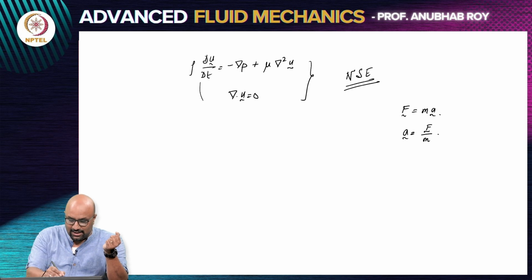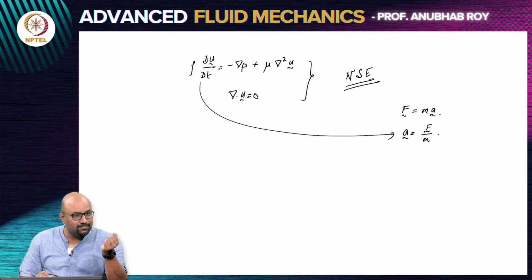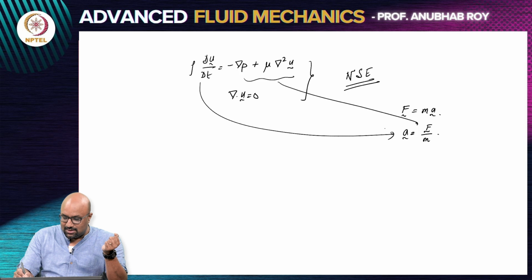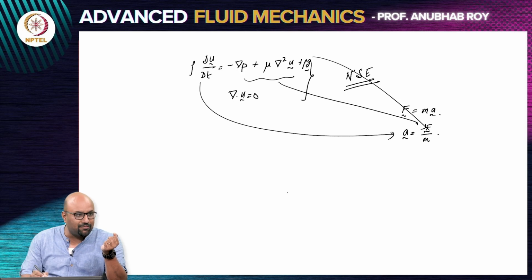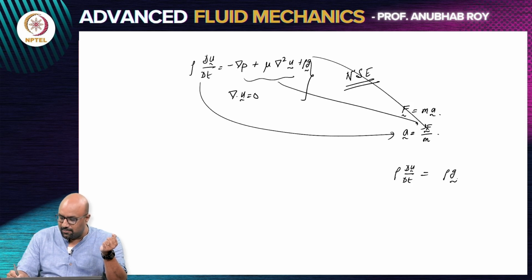Now, you can see that the left hand side is your acceleration or density times acceleration. The problem arises with this, I mean, I can have a body force, in which case that is okay. If I have a body force, then body force is precisely in that form. So, if I write rho du dt is equal to rho g, this can be solved in a Lagrangian sense.